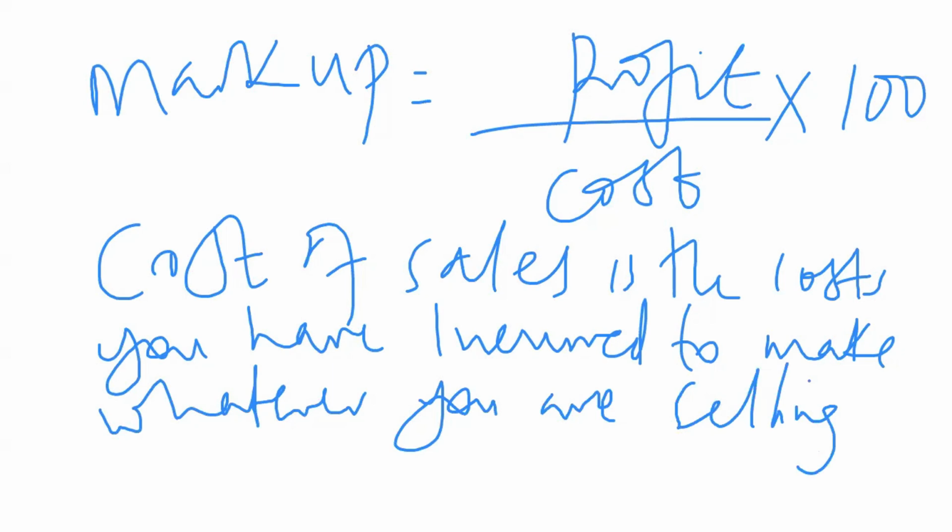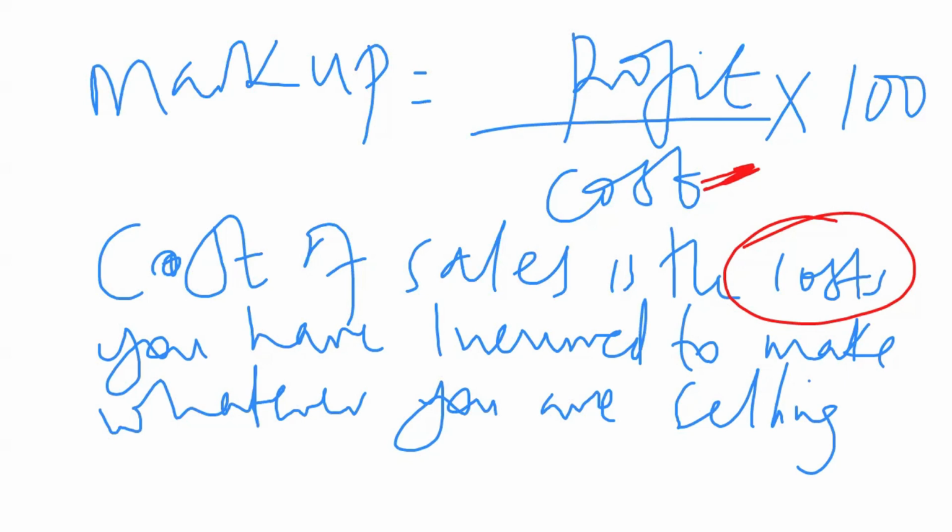So cost of sales is a representation of the cost that we've incurred. Meaning down here, we shall have cost of sales. So if in the question you are not seeing costs, you will see cost of sales.